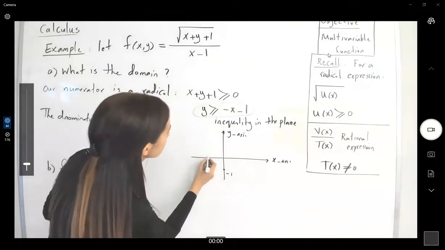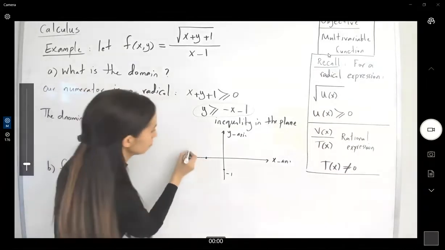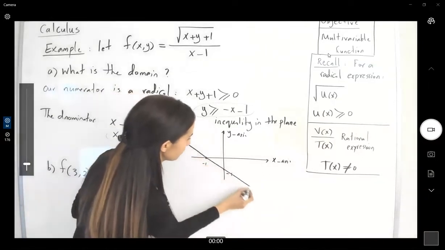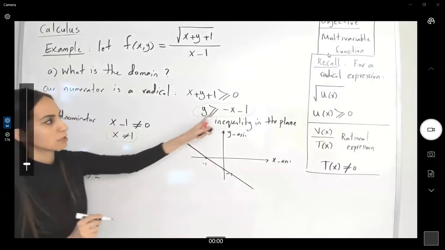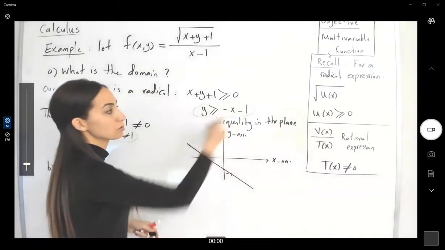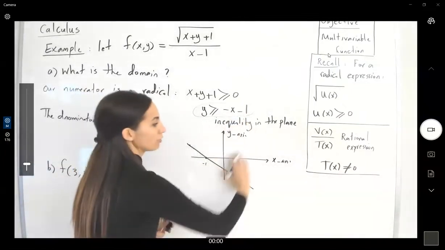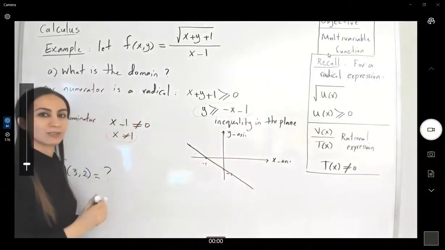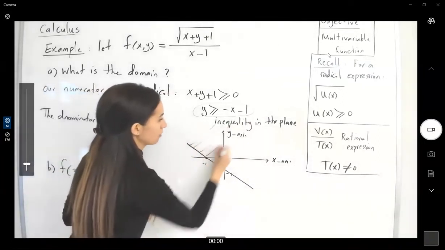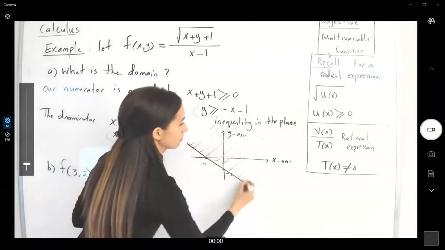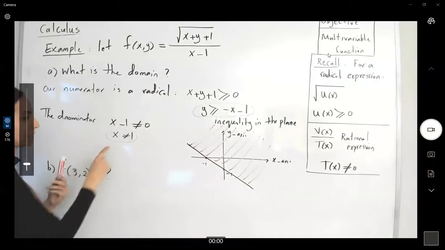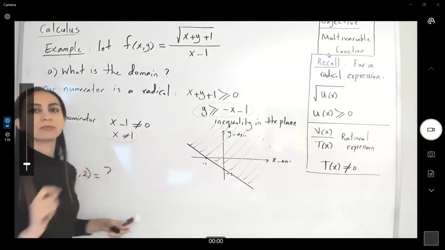Here, this is negative 1. If I plug in 0 as the checkpoint, 0 is greater than or equal to negative 1. So the part above the line is going to be part of the solution. This is our inequality. At the same time, it says x cannot be equal to 1.